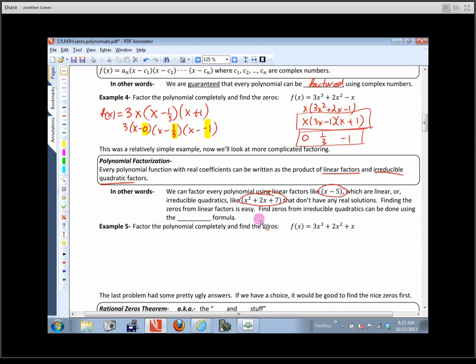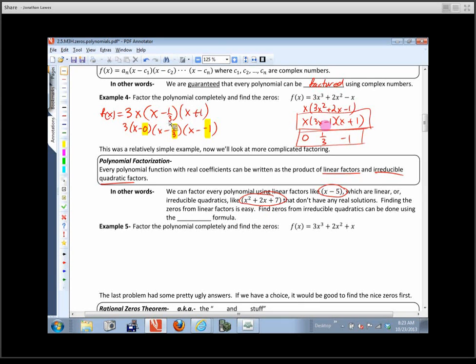Okay? And we'll talk a little bit more specifically about how to deal with irreducible quadratics, and we'll see several examples. So when we say linear factors, we're talking about x plus or minus a number. When we say irreducible quadratics, we're talking about quadratics that don't factor, or at least don't factor with really nice numbers like we're used to working with up here.